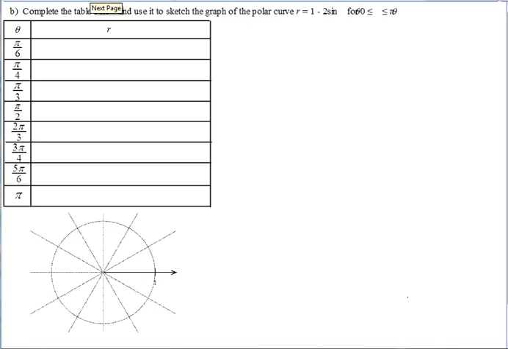Now let's look at the same equation here, and let's complete the table and use it to sketch the graph for this polar curve. Notice it's just between 0 and pi.